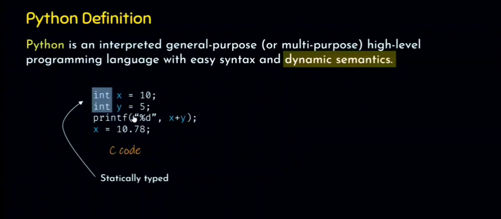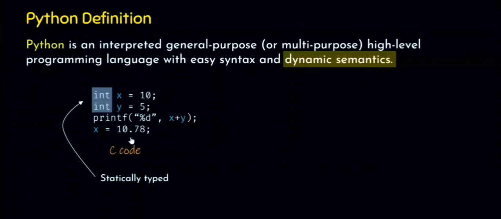This is a floating point value. This is what we need to understand. Similarly, y is of type integer. It can also hold an integer value only. If we try to assign a floating point value to these variables, then only integers will get stored and the rest of the part will get truncated.